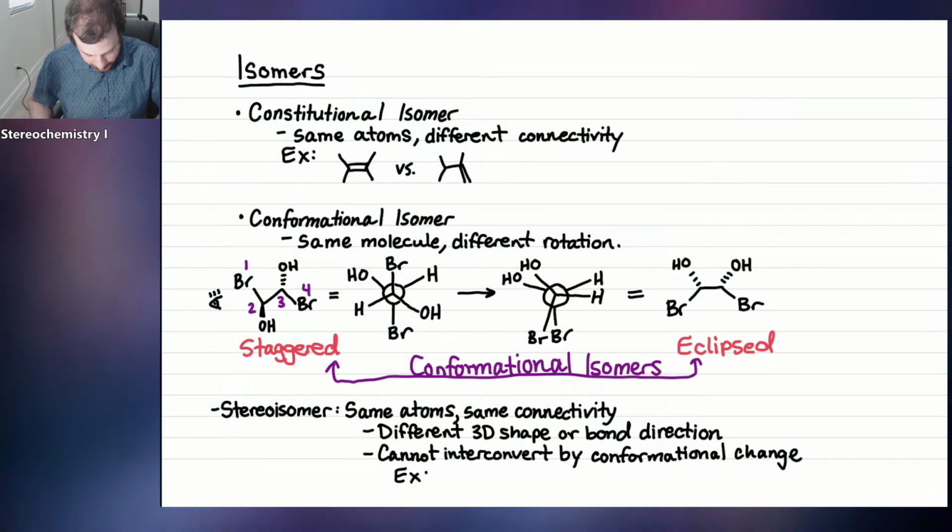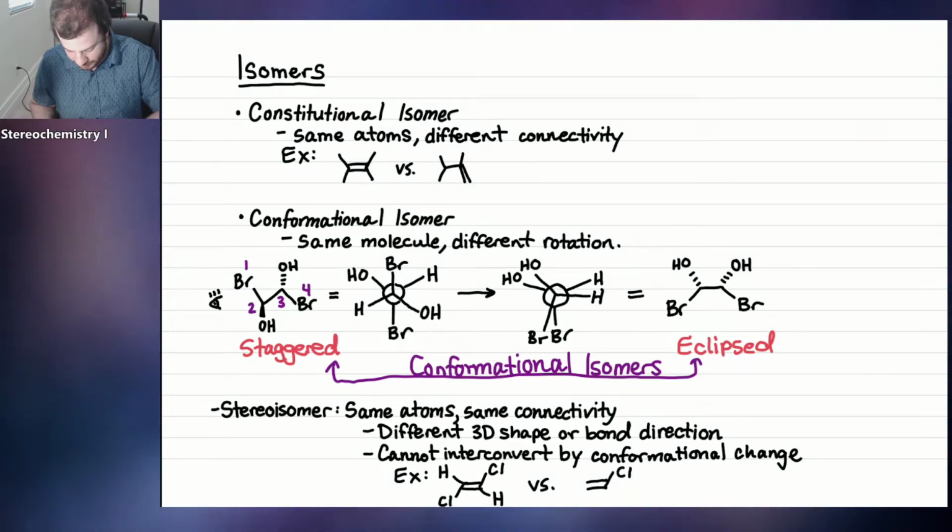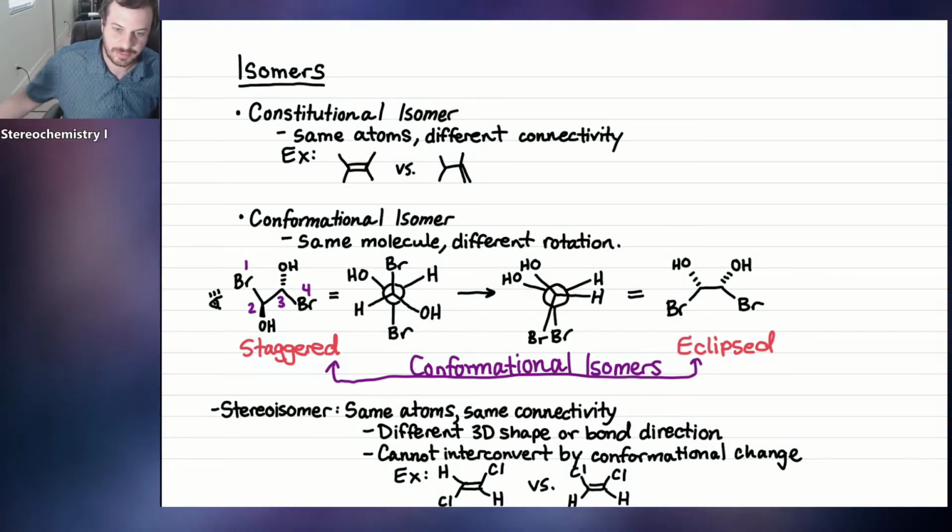So let's take a look at an example. Here's a lovely alkene. It's got two chlorines on it. Okay, so there's one molecule, it's an alkene, versus, how about this? Okay, so comparing these two molecules, they both have the exact same chemical formula.